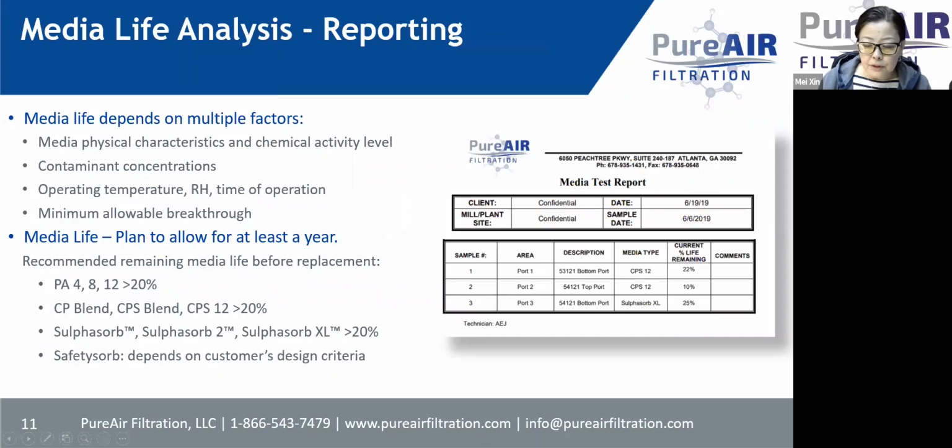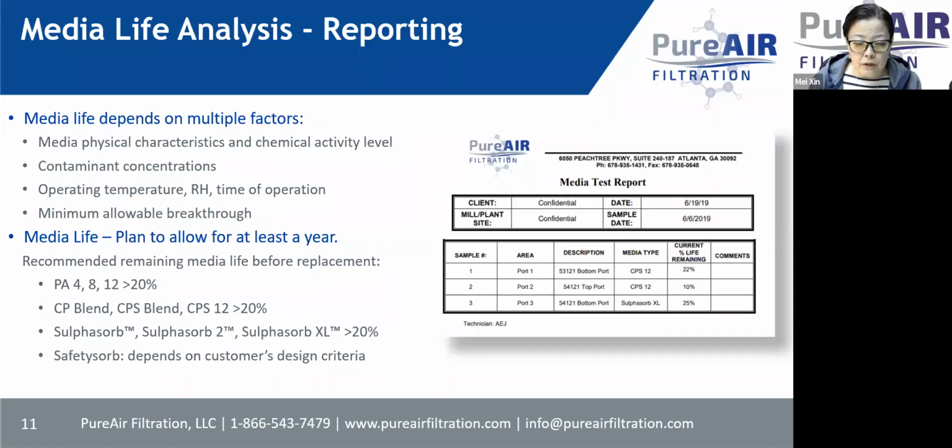After we complete the media life analysis, we prepare a media test report. The test report summarizes a comprehensive chemical analysis that predicts remaining media life. But please remember, media life depends on multiple factors.